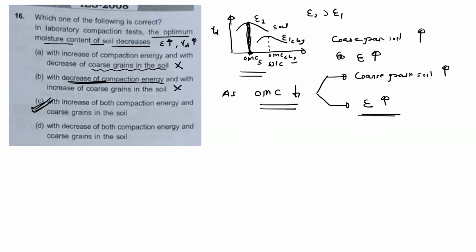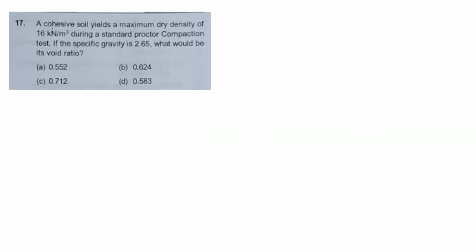Okay. Now question number 17. A cohesive soil yields a maximum dry density of 16 kilonewton during a standard Proctor compaction test. If the specific gravity is 2.65, what would be its void ratio?